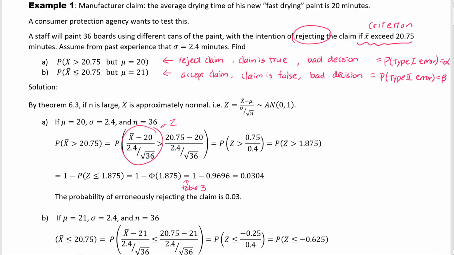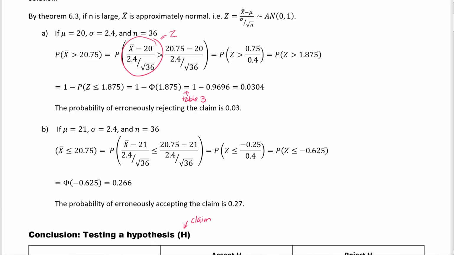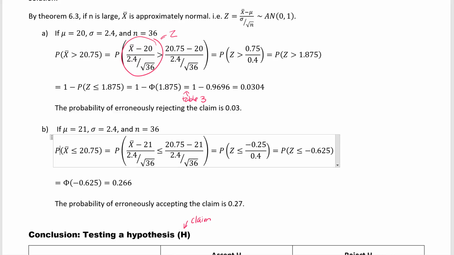Okay, part B. Suppose the population mean is 21, and we're looking for the probability of P less than or equal to 20.75. So we do the same thing. We subtract the mean over sigma over square root of 36, and we do the same thing to the 20.75, and we calculate that the number equals negative 0.625.